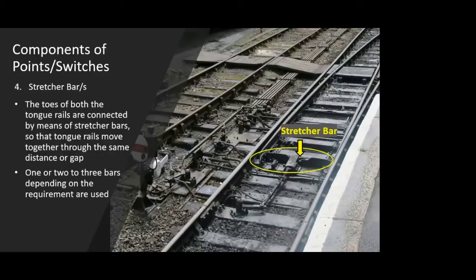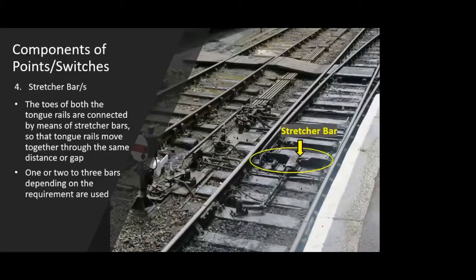Then we saw the stretcher bar. The stretcher bar is the important component which allows the movement of your tongue rail, and both the tongue rails move simultaneously and through the same distance or same gap due to this stretcher bar assembly. We saw that there is a lot of variety in the stretcher bars used all over the world.